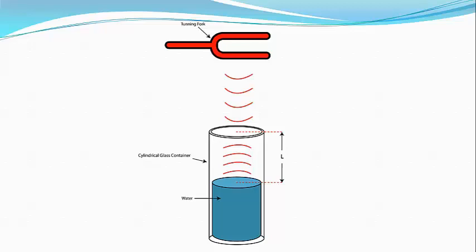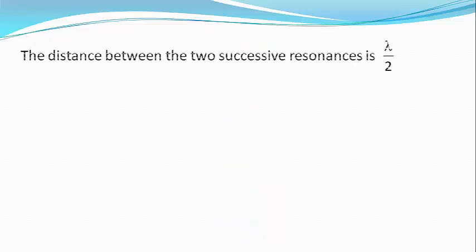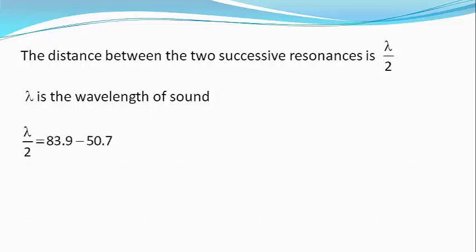In any case, the distance between 2 successive resonances is lambda by 2, where lambda is the wavelength of the wave used, or lambda by 2 equals 83.9 minus 50.7 centimeters, which equals 33.2 centimeters, and hence the wavelength lambda equals twice 33.2 equals 66.4 centimeters.